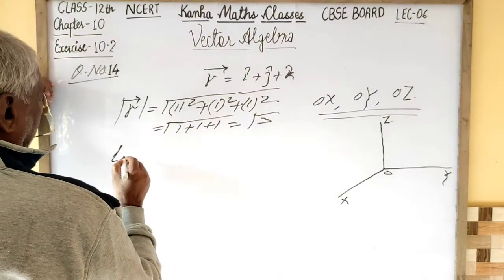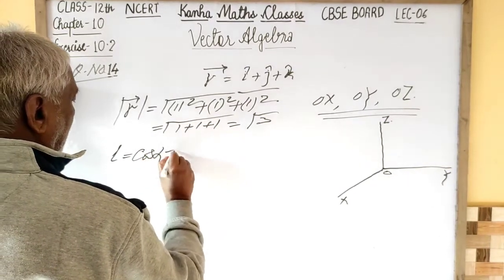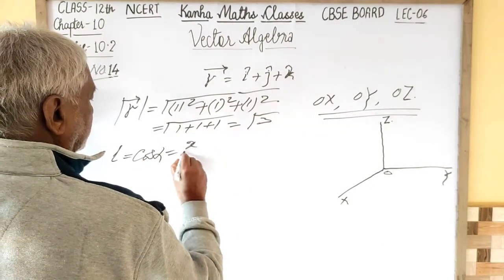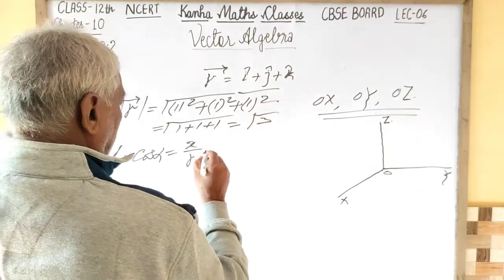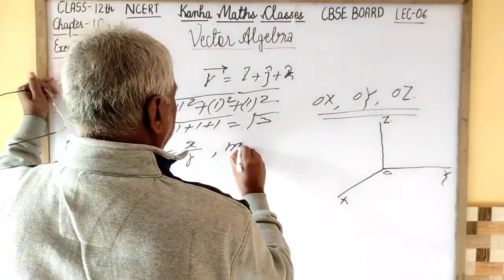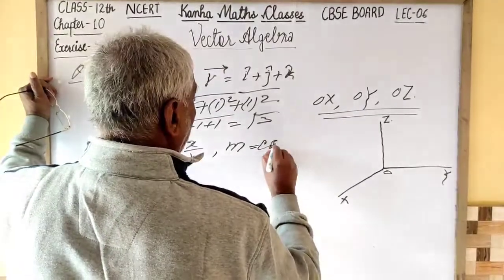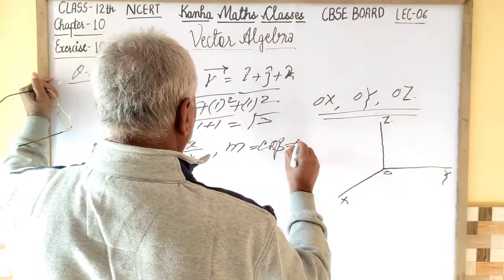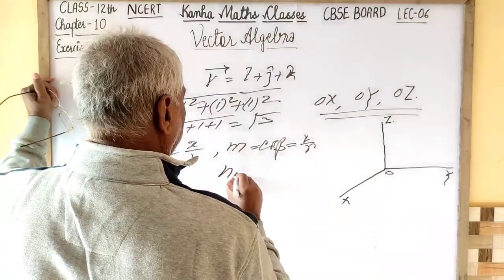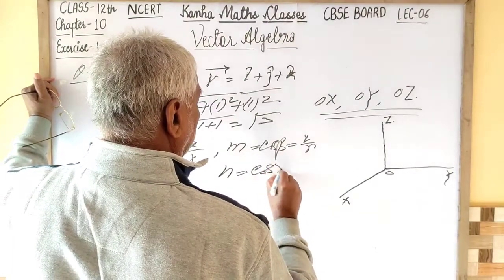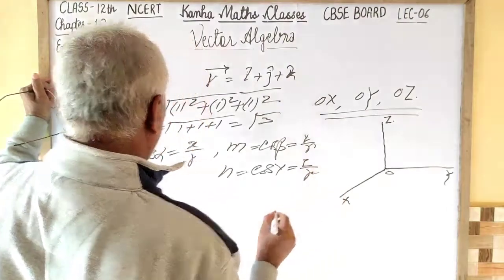By formula, l is equal to cos alpha, which is equal to x by r, m is equal to cos beta, which is equal to y by r, and n is cos gamma, which is equal to z by r.